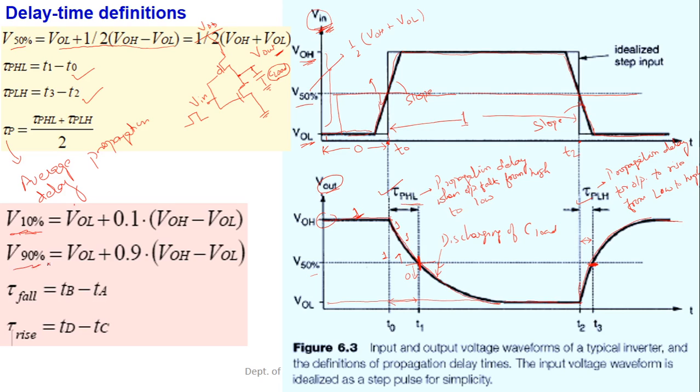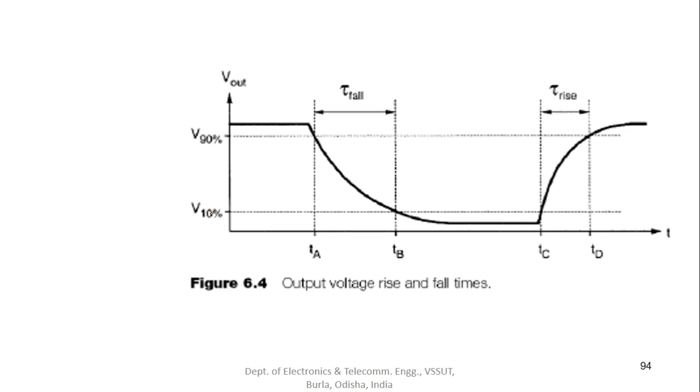So 10% means VOL plus 10% of VOH minus VOL. In the diagram, this is the V 10% mark. If this is the complete voltage, then 10% of this complete is this mark, and 90% of this complete is this mark.